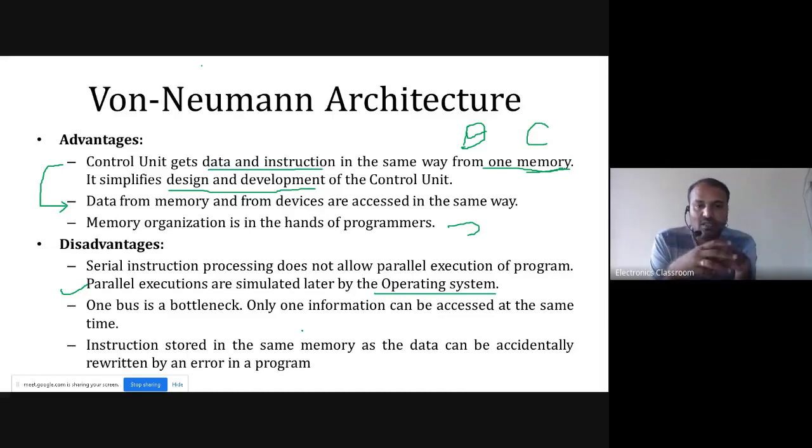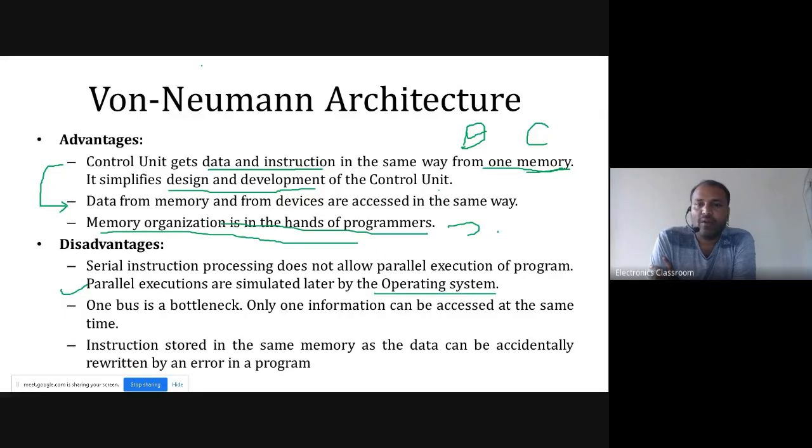Then, instructions stored in the same memory as the data can be accidentally rewritten by an error in the program. So that point I have discussed. Suppose I have written this memory organization is in the hands of programmers.